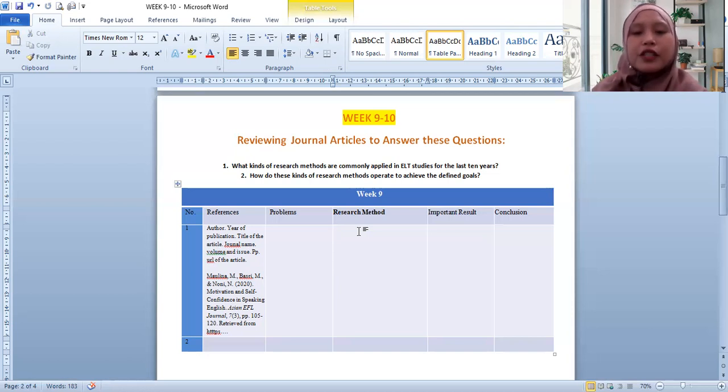And if the researcher wrote quantitative, please look deeply at what kind of quantitative research the authors use. Does the researcher use pre-experimental or factorial design, or even correlational or survey? So please pay attention to that.